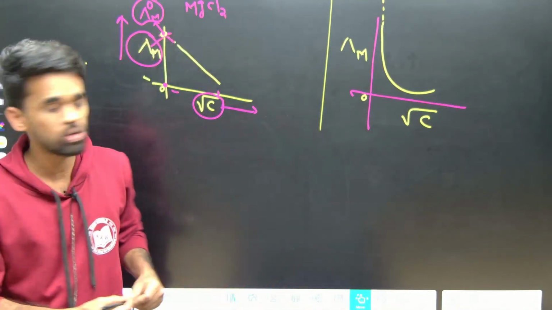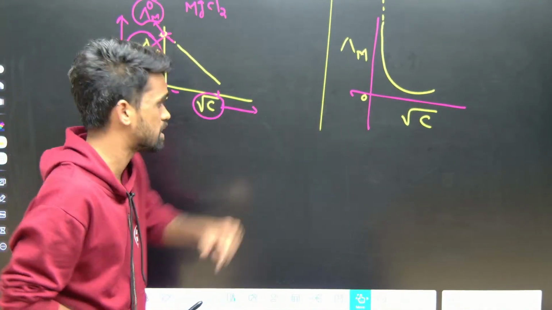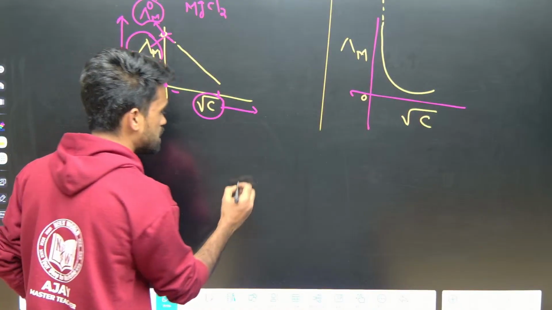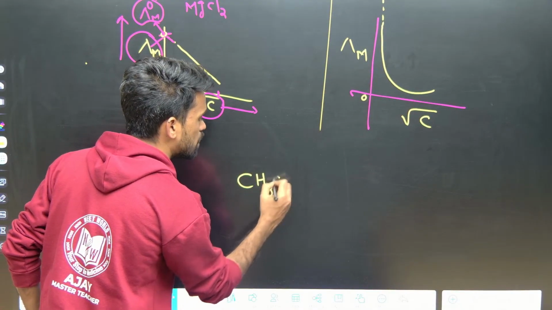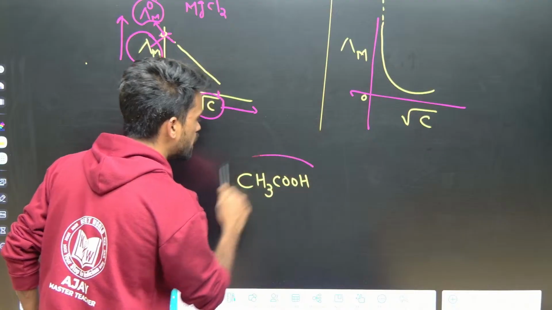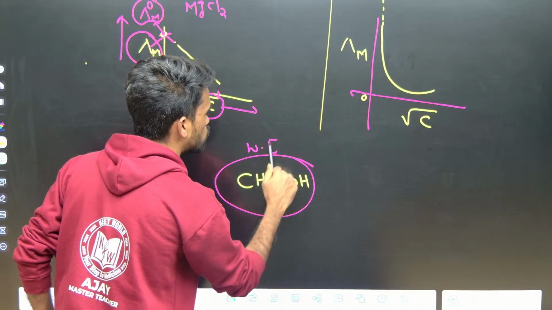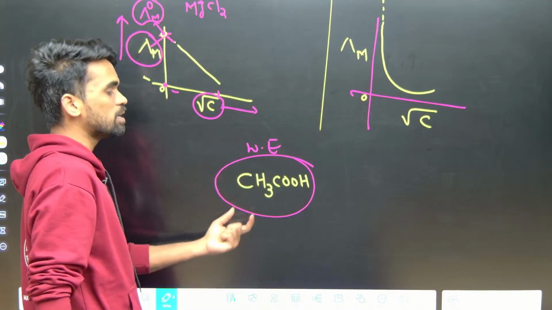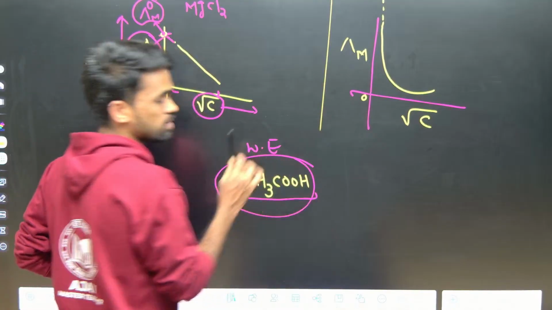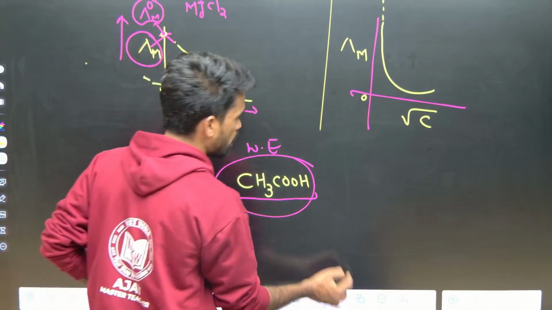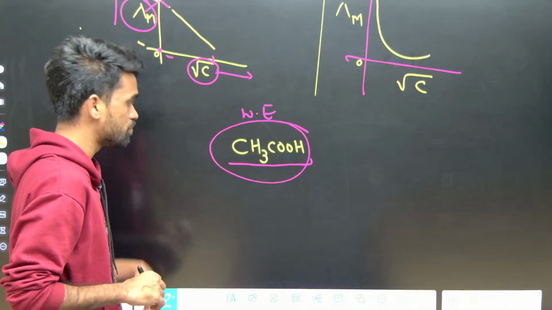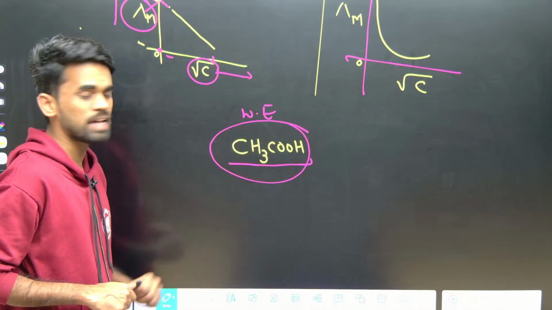Now let me explain what this Kohlrausch law is. For example, is acetic acid a weak electrolyte or a strong electrolyte? We know acetic acid is a weak electrolyte, and we need to find its limiting molar conductivity. But it will not undergo full dissociation, so we will not get direct values.